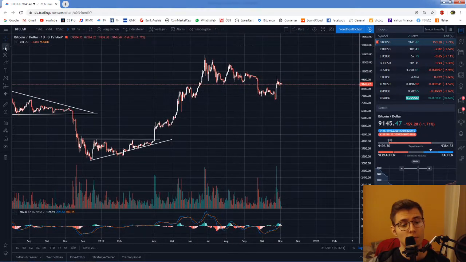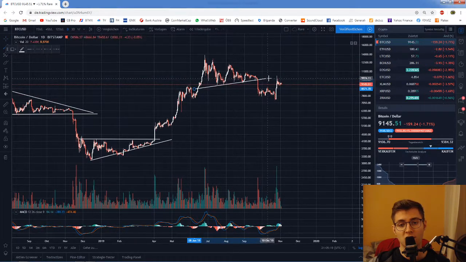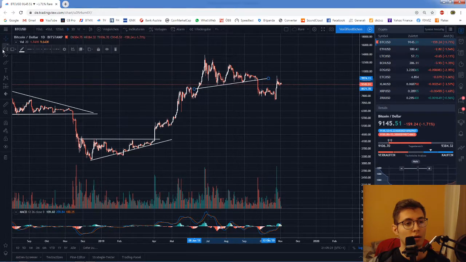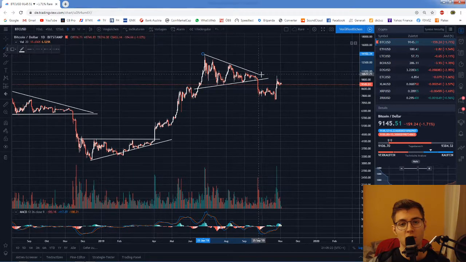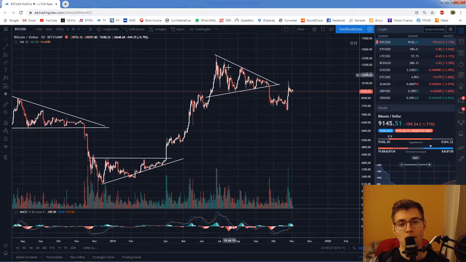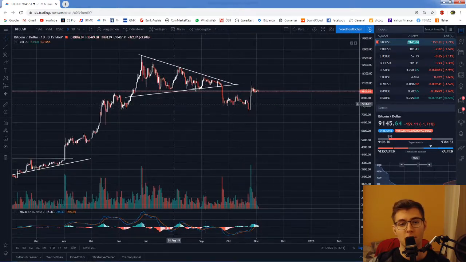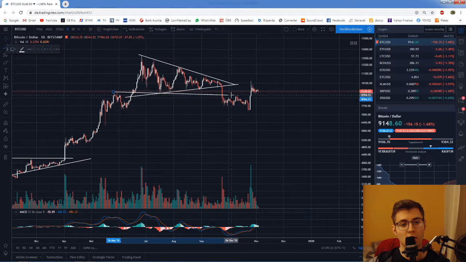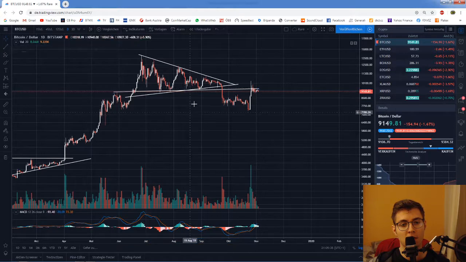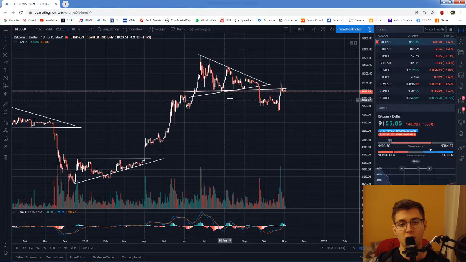And two, I actually viewed this more as a symmetrical triangle, although it was a bit flatter on the downside, and people viewed this also as a descending triangle.